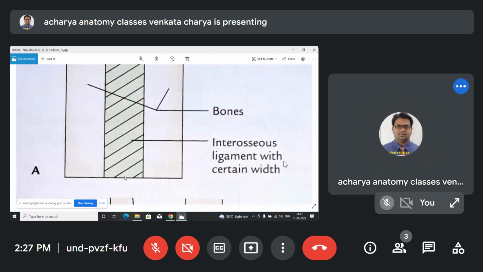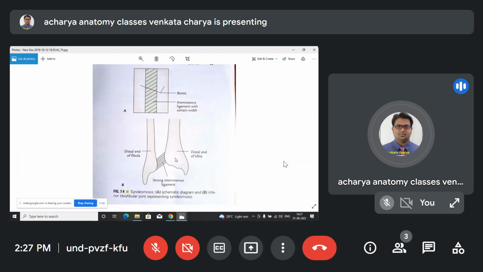So this type of joint we call syndesmosis type. It is fibrous material only, a thin sheath formed by fibrous material, called syndesmosis.